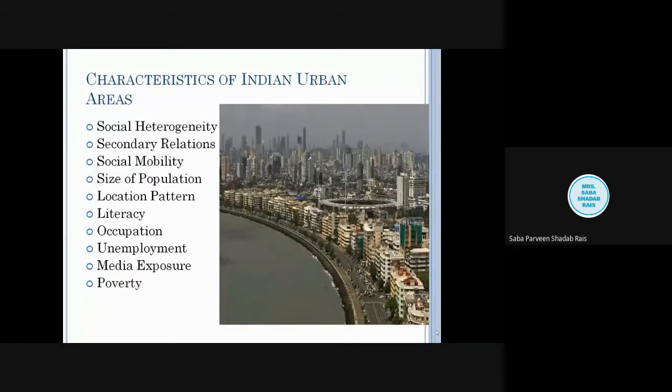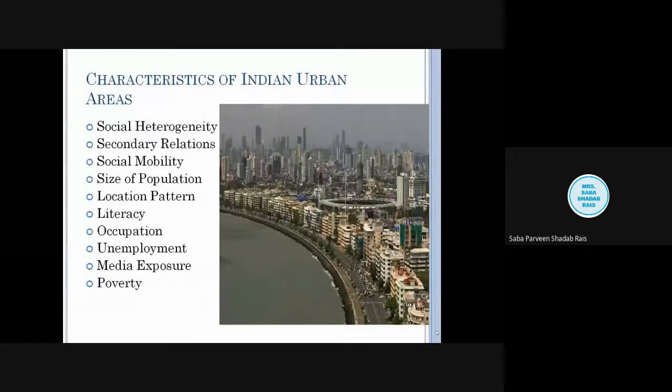Now, when we talk about poverty, yes, poverty is there in the urban area, but still, as compared to the rural area, it is lower. In 2011-12, people living below the poverty line in urban areas were 13.70%.